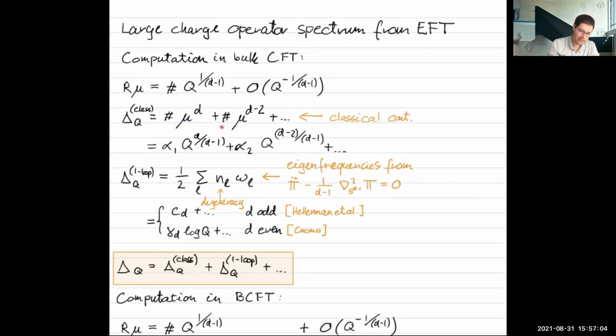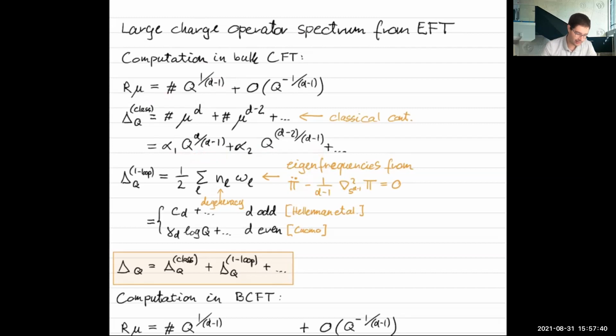From higher derivative terms, we have mu to the d minus 2, and so on. If we plug this relation into the on-shell action, we get the final answer. Alpha 1, alpha 2 are simply related to Wilson coefficients in the original action. And so we get these intriguing fractional powers, Q to the d over d minus 1, Q to the d minus 2 over d minus 1, and so on. So this is the classical contribution to the scaling dimension.